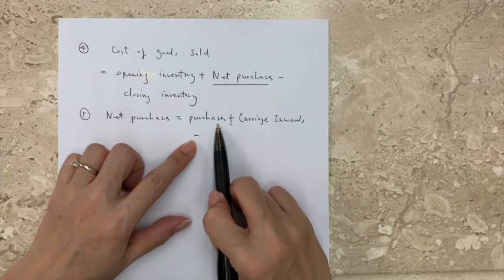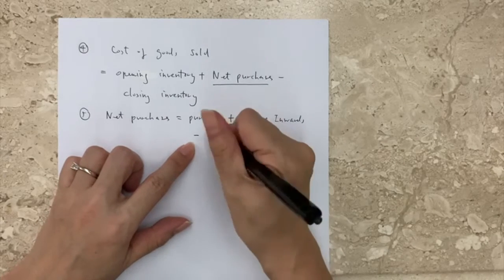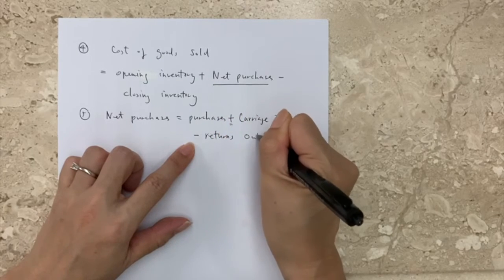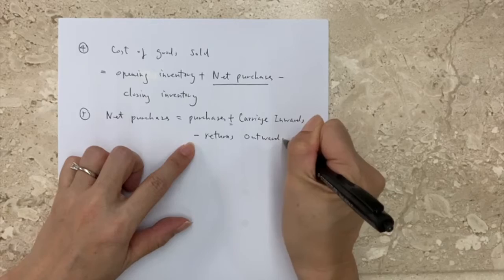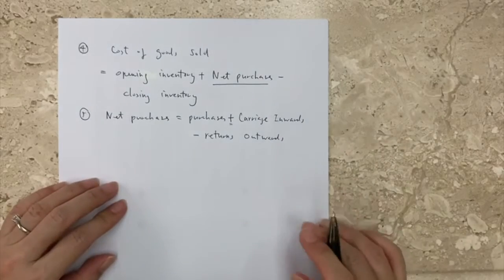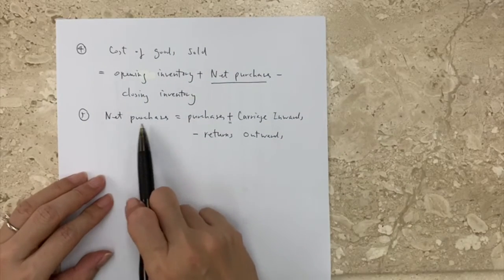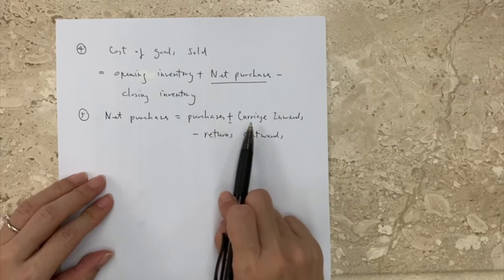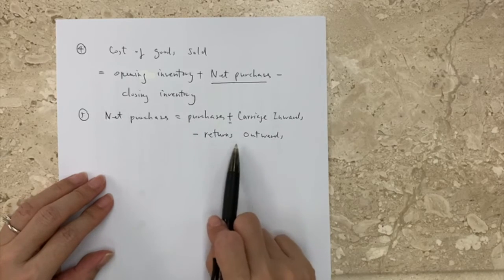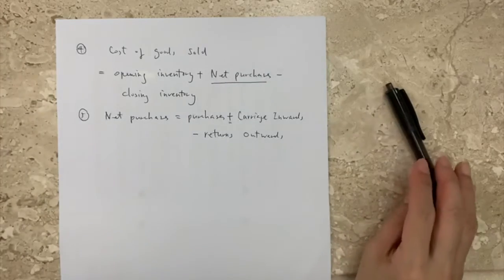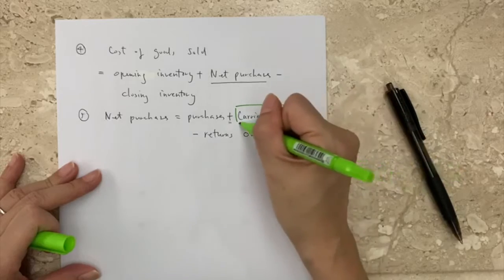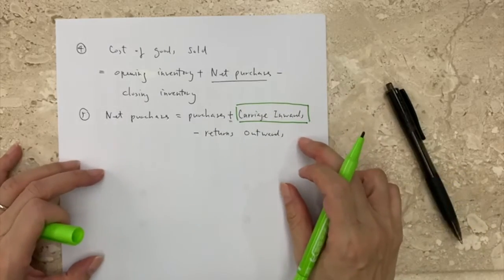If we are not satisfied with the goods purchased, then we can do returns outwards to the supplier. So here we have the formula of net purchases, which is equal to purchases plus carriage inwards and then minus returns outwards. And the new thing here is carriage inwards. Okay, I will explain this to you later.